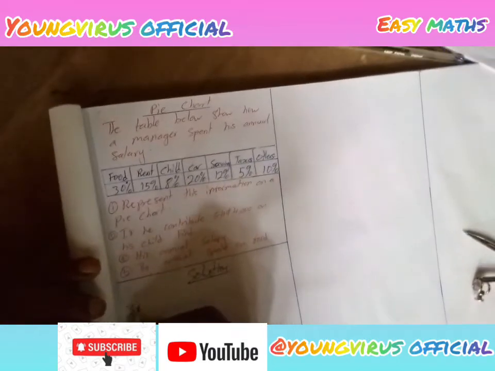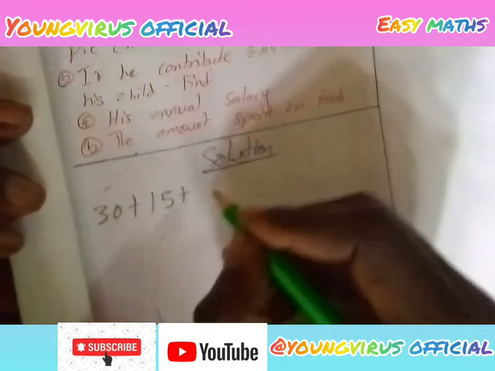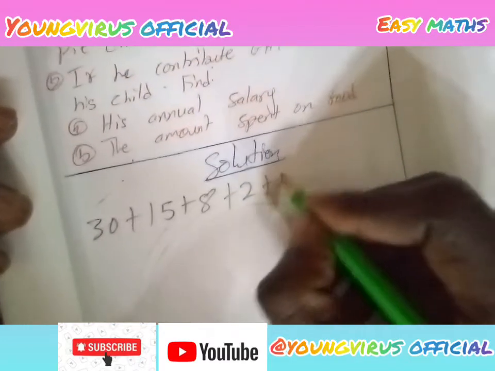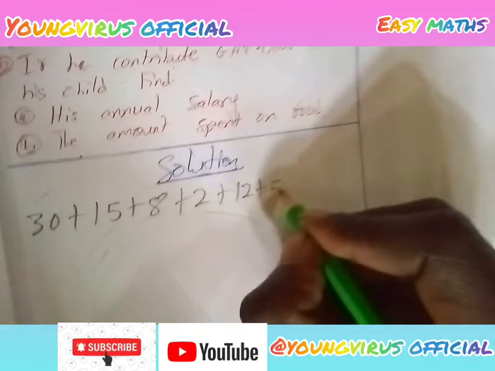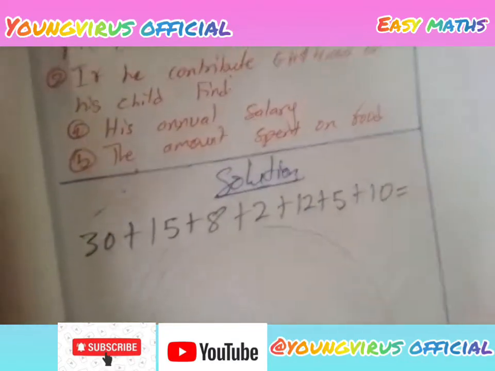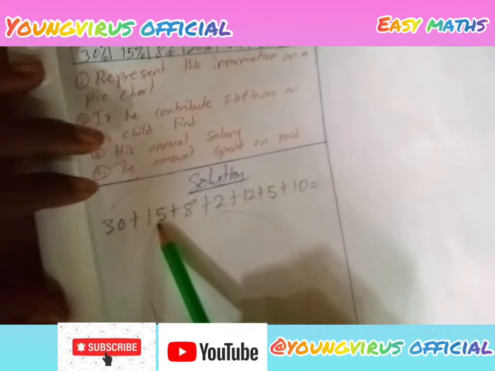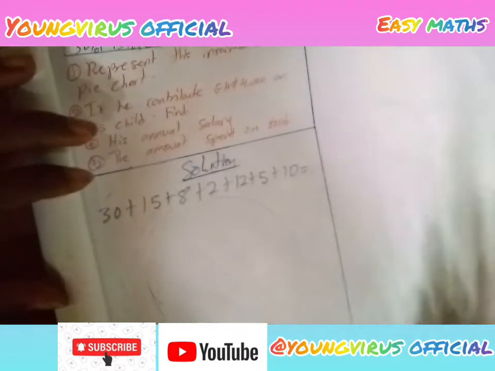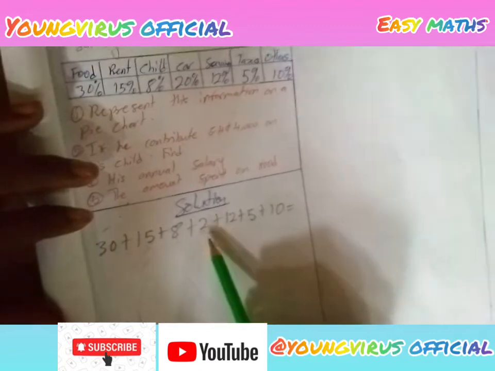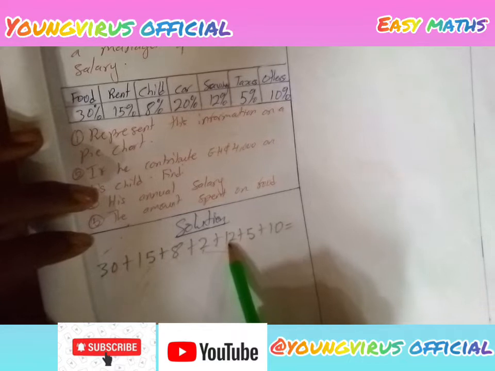So we have 30 plus 15 plus 8 plus 20 plus 12 plus 5 plus 10 is equal to, okay, let's see. 30 plus 15, we all know is 45. 45 plus 8, that is 53. 53 plus 2, 55. 55 plus 12, that is 67.